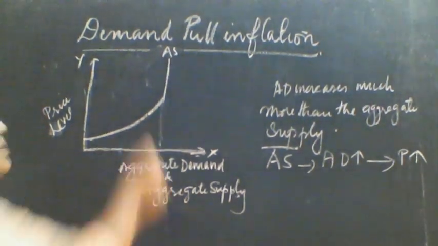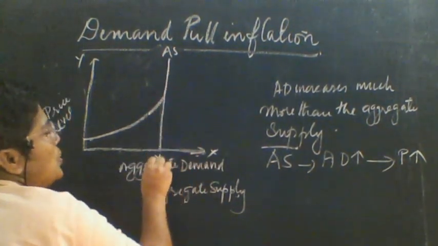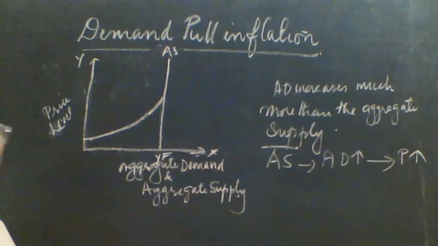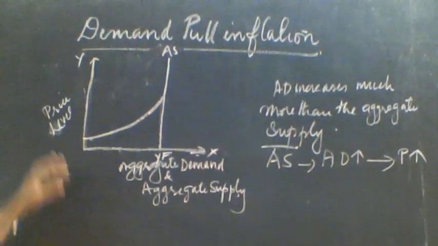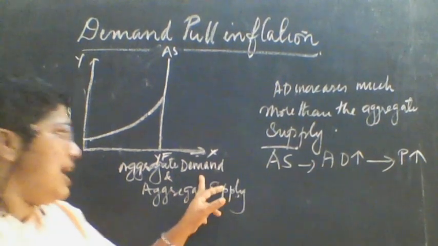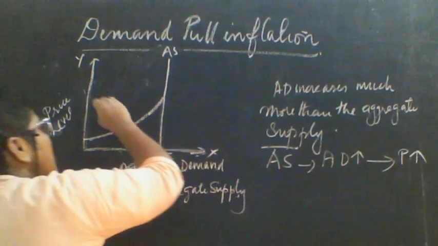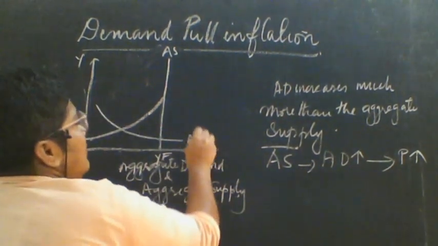You should draw like this. It becomes vertical. I am going to draw a line like this, vertical, which shows the full employment level of output. So what does it mean? This is aggregate demand curve AD1.